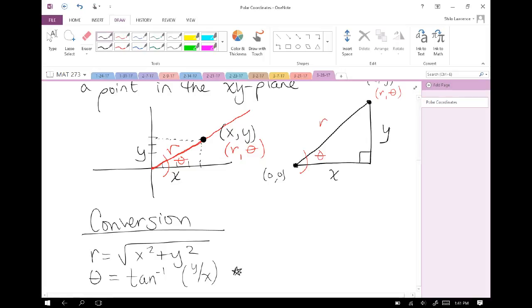So if you know your point's in quadrant 2 or quadrant 3, you're going to have to move that answer to quadrant 2 or quadrant 3 yourself. These are the exact same formulas we used back at the beginning of 11 with vectors to get magnitude and angle for a vector when we knew its components.